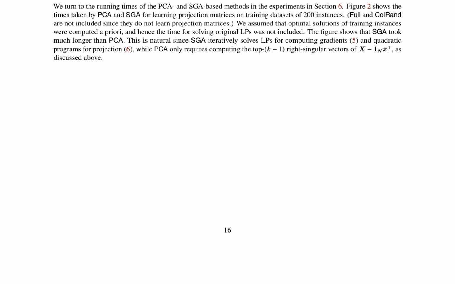After n iterations, the final projection takes t_proj(n, m) time, giving a total time complexity of n(t_proj(m) plus t_lp(m, k) plus O(n(m plus k))) plus t_proj(n, m). Figure 2 illustrates the running times of PCA and SGA for learning projection matrices on 200 training instances, with SGA taking significantly longer due to its iterative nature.